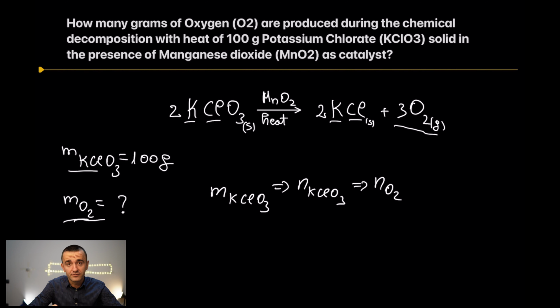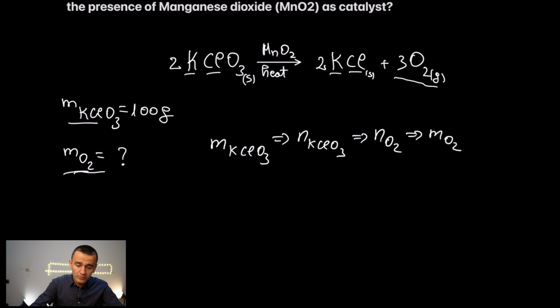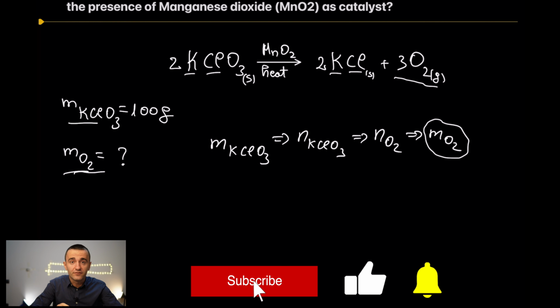And from the number of moles of oxygen, we can go to the mass of oxygen produced by 100 grams of potassium chlorate. It is advisable to make this scheme before you place the values because it's simple to generate the conversion factors. Now we are going to start our calculation by placing first what we need to find.